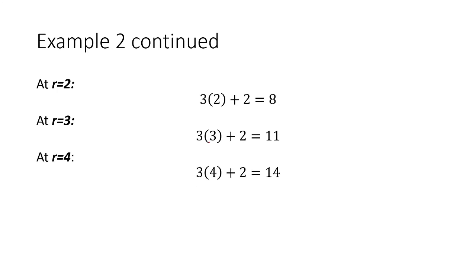Example 2 continued. At r equals 2, stick in 2 and you get a value of 8. r equals 3, you get 11. r equals 4, you get 14. r equals 5, you get 17. So write out the sequence: 5, 8, 11, 14, 17.